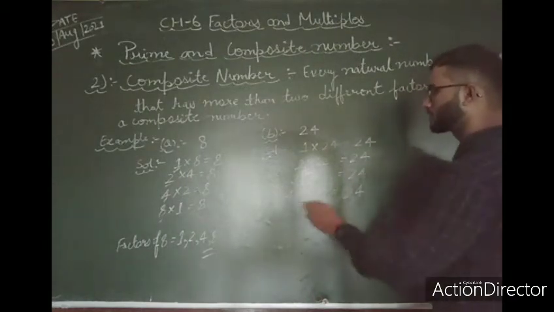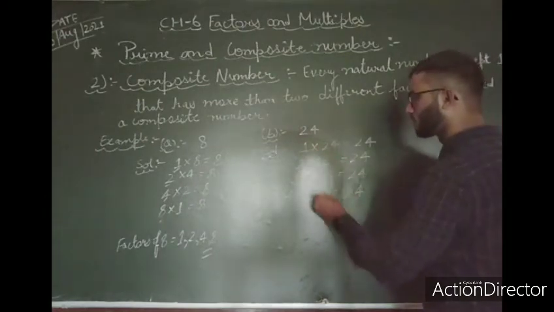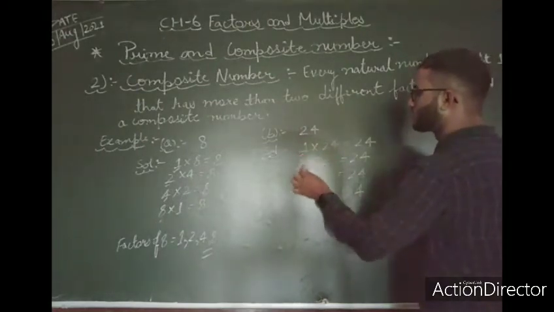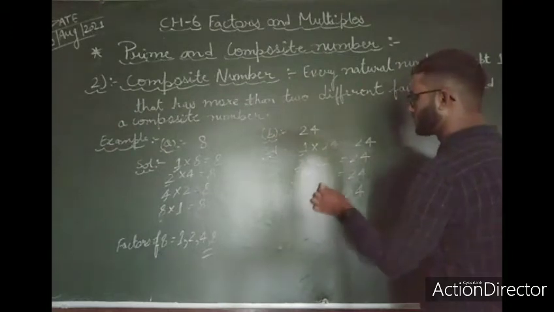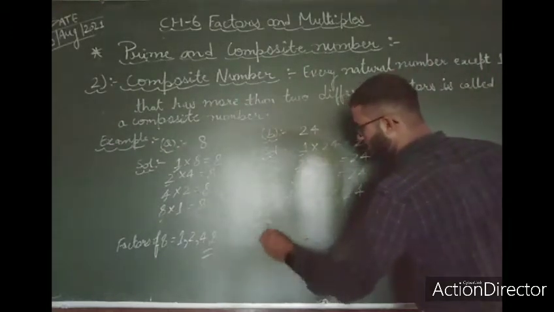Then 6 4s are 24, 8 3s are 24, 12 2s are 24 and 24 1s are 24. So we write the factors: 1, 2, 3, 4, 6, 8, 12 and 24.